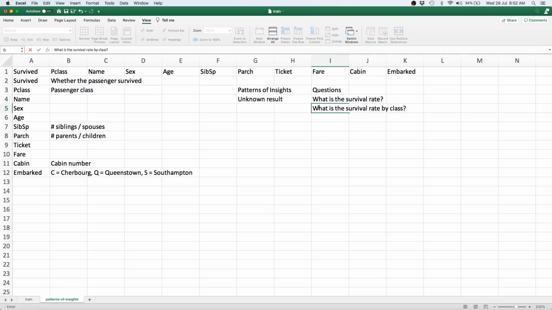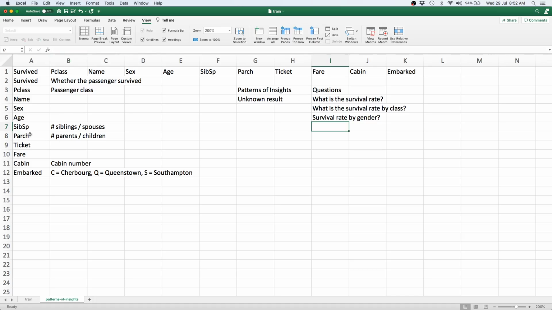Well, one obvious thing that we know about the Titanic is that women and children were allowed to evacuate the Titanic first. So essentially, survival rate by gender should be higher for women than for men. Let's see if that is true, and if actually it is true, which most likely it is, let's see what is the difference.